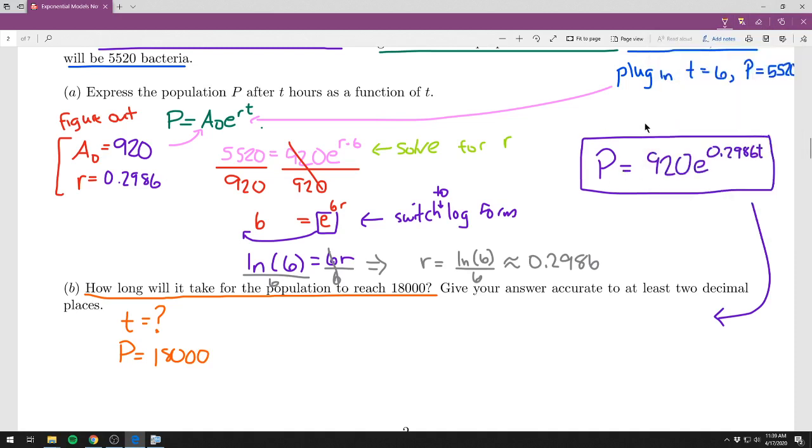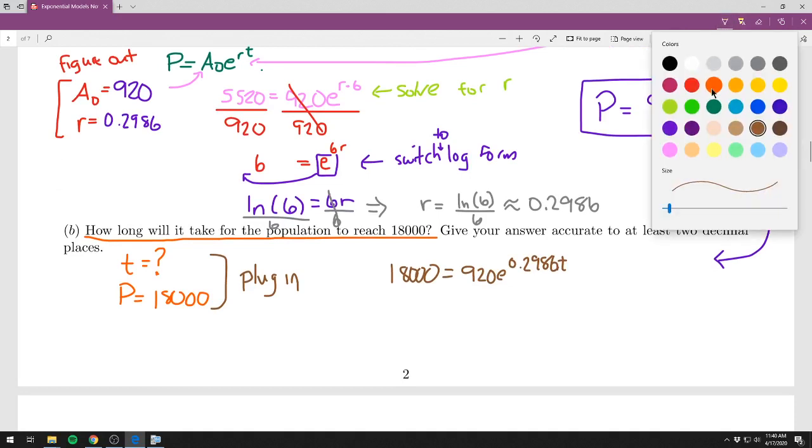All right, so what we do is we take our population formula that we just figured out and plug that in. We're not plugging in for t because we got to solve for that, but we are plugging in for capital P. P is 18,000, equals 920 e to the 0.2986 t power.